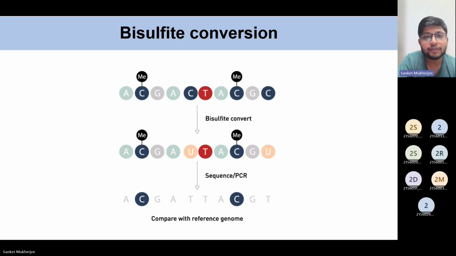So in this way, we can compare which cytosines are methylated and which ones are not. So why are we not using restriction enzymes which are methylation specific or sensitive, but instead doing bisulfite conversion? Anybody could guess why is that?